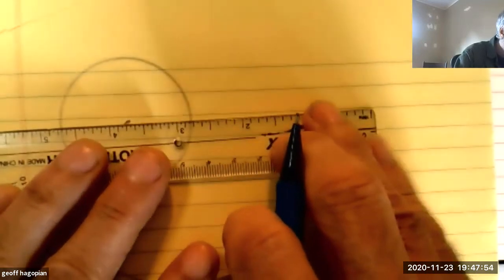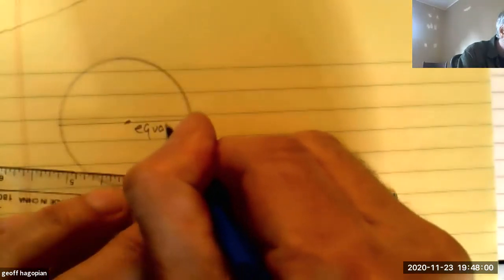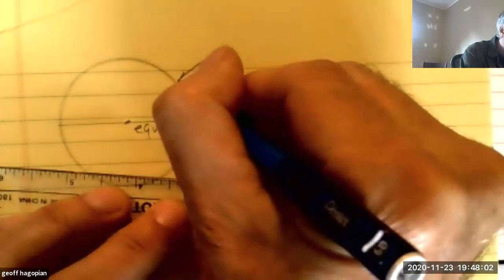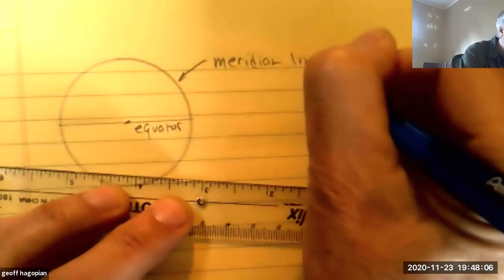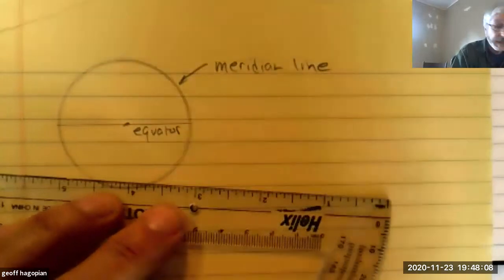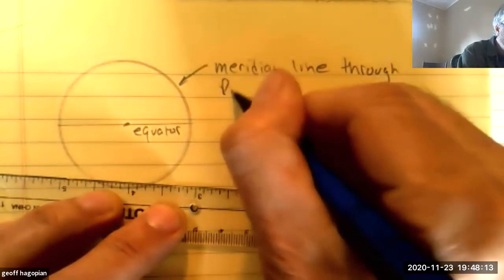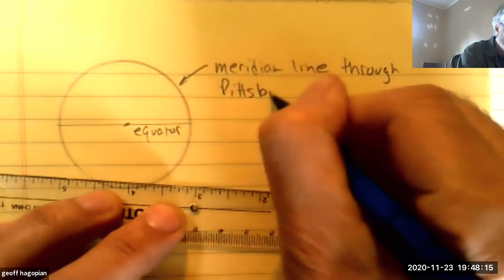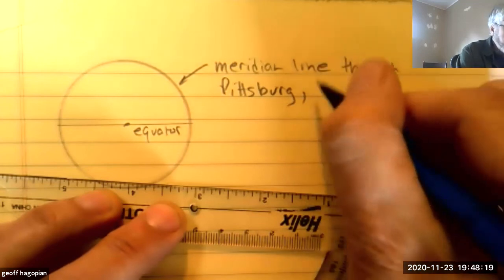So let's say that here's the equator, essentially. And this is the meridian line through Pittsburgh, PA, and Miami, FLA.